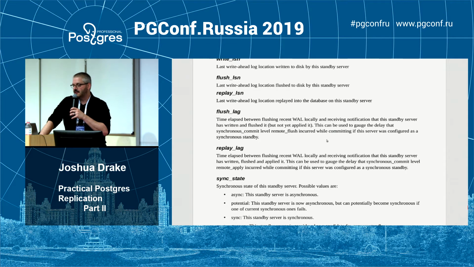Replay LSN, last write-ahead log location replayed into a database on this standby server. Flush lag, time elapsed between flushing recent WAL locally and receiving notification that this standby server has written and flushed it, but not yet applied it.